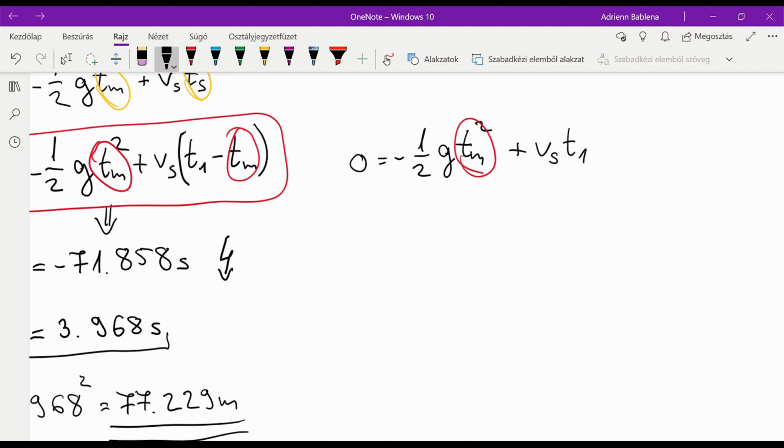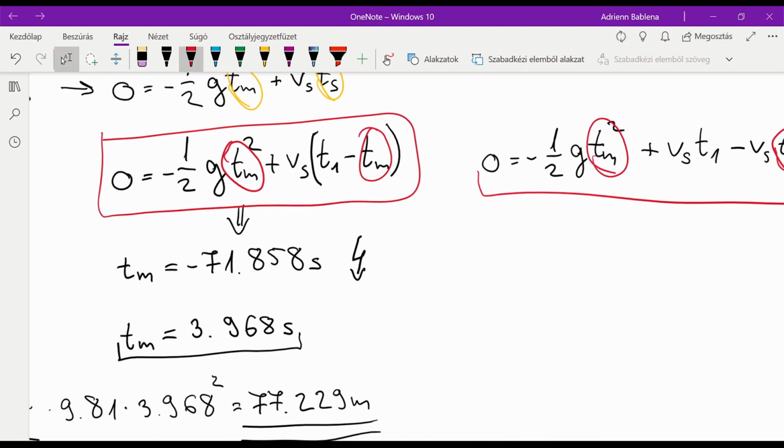It's constant. We know Vs, we know T1. So it's a constant part. And plus Vs times minus Tm. So minus Vs Tm. So this is the first ordered part of the Tm. So this is a quadratic equation you can solve, and you have to get two values from this equation for Tm because it's a quadratic equation. In this case you got, for example, Tm1 and Tm2. In this case you got a negative value and a positive value for Tm.